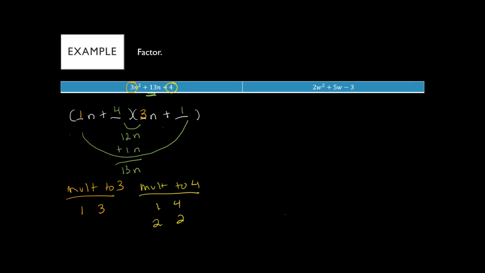So this is where you're doing trial and error because you're plugging in numbers, you're multiplying them, seeing if it adds to the right set, and then if it doesn't, you reverse them and you try again. So we got the correct combination here, 12n plus 1n, that gives us our 13n. So this is our answer. Our answer is n plus 4 times 3n plus 1.